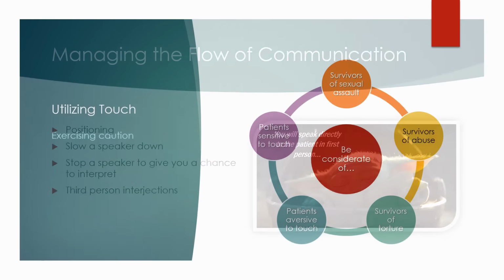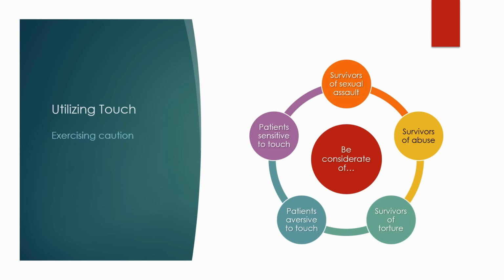So it's very important that if you are utilizing touch as a nonverbal cue, either to get a speaker to stop speaking or to get a speaker to slow down, that you exercise caution. It's worth noting that it is probably a good idea to set forth expectations for touch when trying to get a speaker to slow down or to stop.